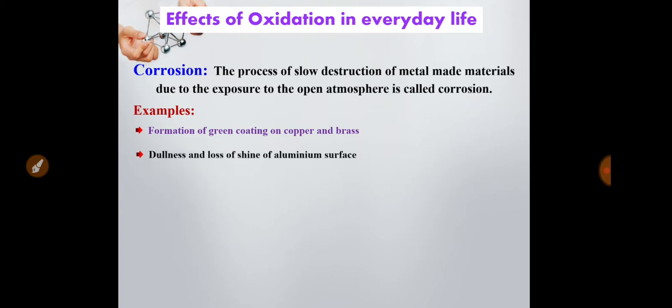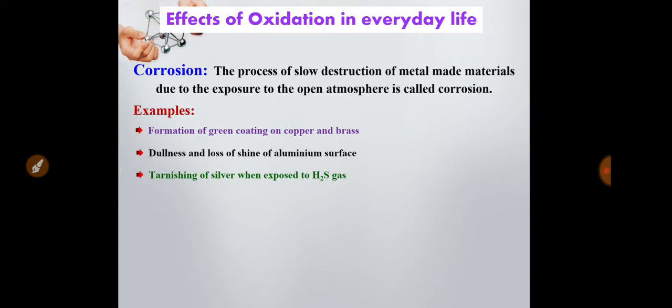The second example is dullness and loss of shine of aluminum surface. If aluminum material is kept in open atmosphere, it will form aluminum oxide by reaction with oxygen present in the air, and it will lose its shine. And the third example is tarnishing of silver when exposed to H2S gas.